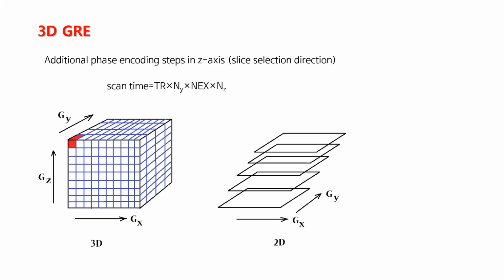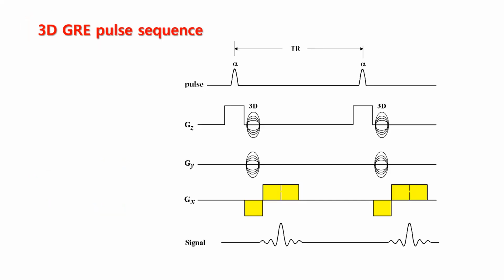This gives the 3D GRE additional phase encoding steps in the G-axis. Okay. So G-axis. So for scan time, we have to multiply NG here. And the sequence is given in this figure.